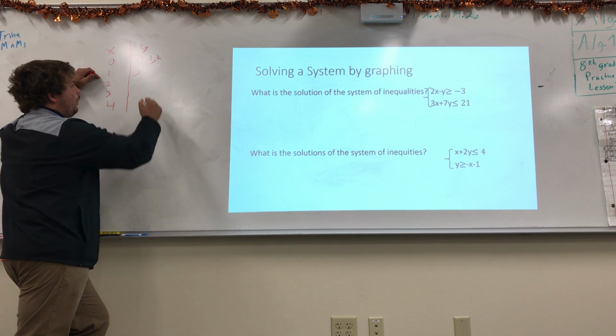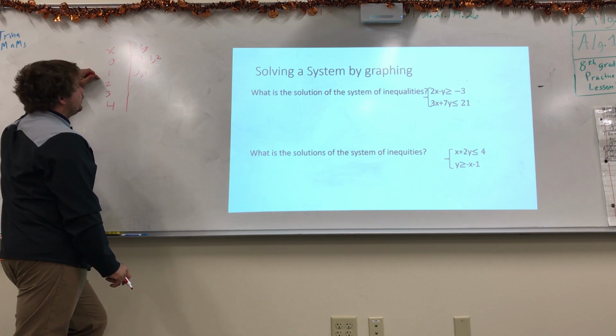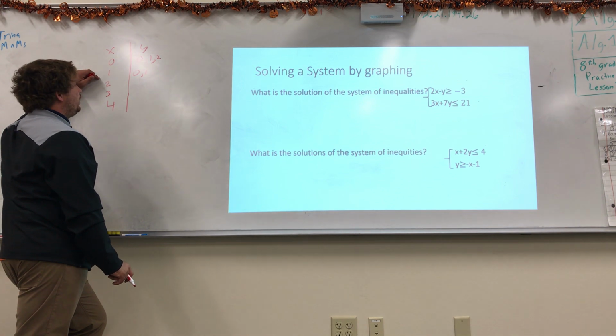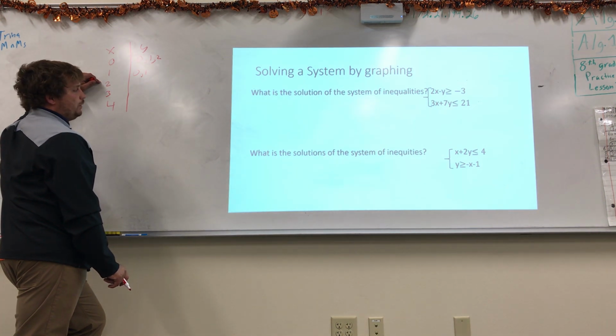If I have 1, I'm going to get 1 plus 2, which is 3, is less than or equal to 4. If I put in 2, I'm going to get 5. Okay, now 2.